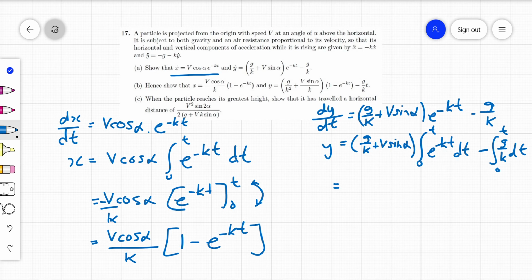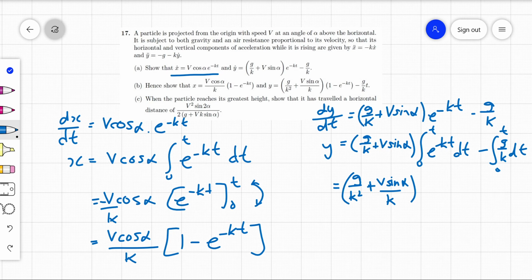So again, we get that e to the minus kt, and we've got a minus k that we have to divide by. So what I could do is not divide by the minus k, just divide by the k and swap the limits again. So if I do that, I'm going to have g on k squared and v sine alpha on k. So I've divided by that.